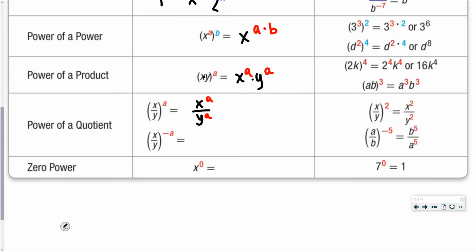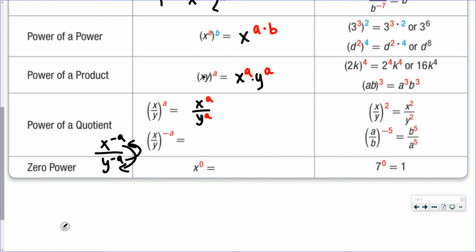I don't want to call it a trick, but if you have something like this, what you could do, now you don't have to write this down, but this is technically this. They both get that power, and then you're like, ooh, I have negative exponents, let's move the x downstairs, let's move the y upstairs.